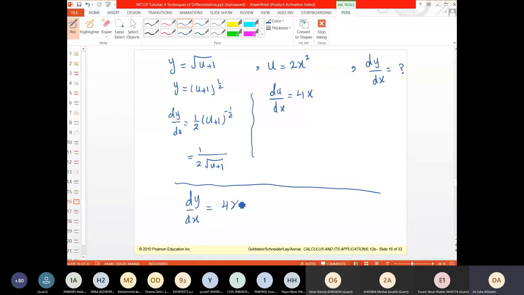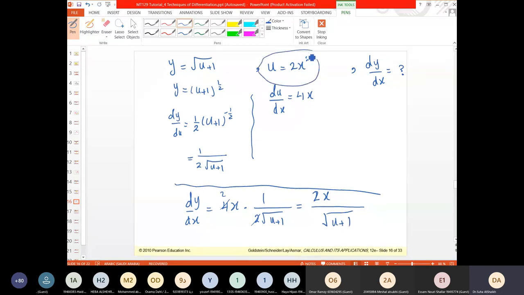So it will be 4x في ال1 over 2 for root of u plus 1. This equal to, let's say, 2x, if the 2 cancel one of the 2's here, divided by root of u plus 1. الحين I know إن u is 2x squared. So this will be 2x over the root of 2x squared plus 1.